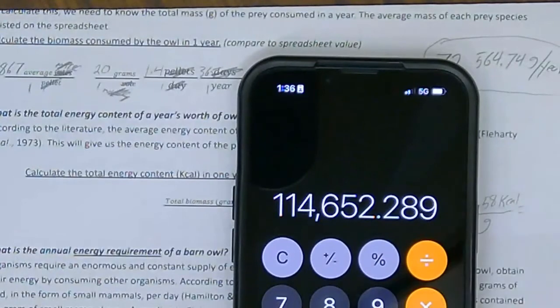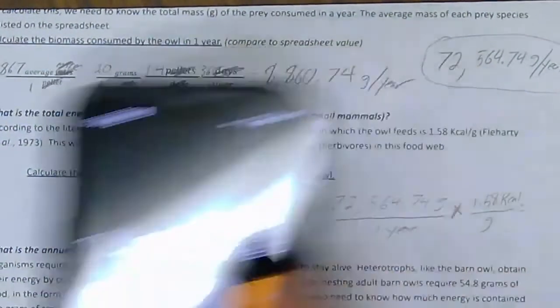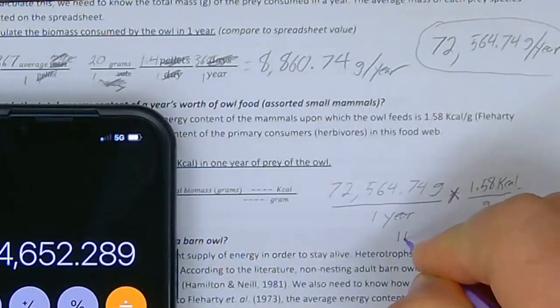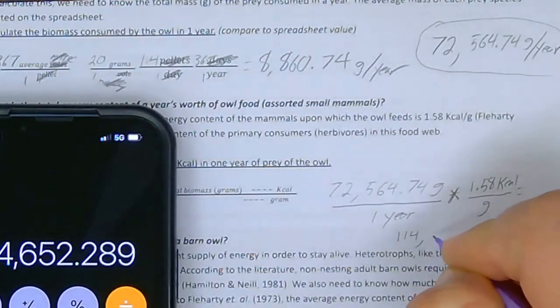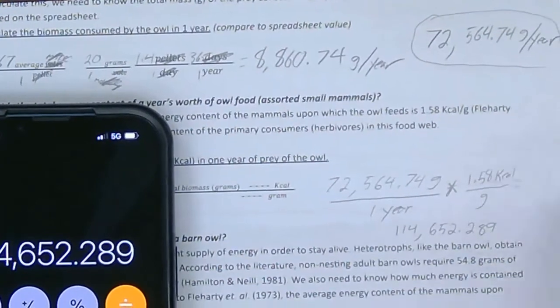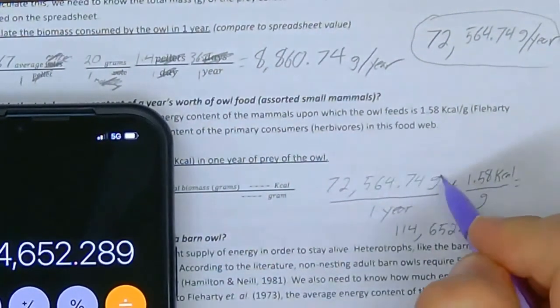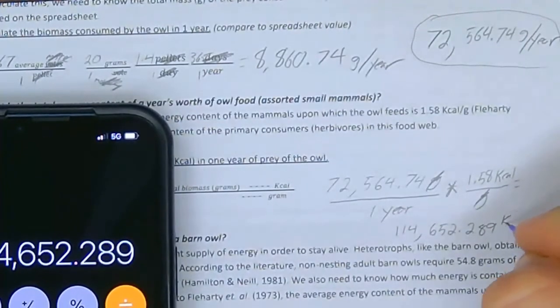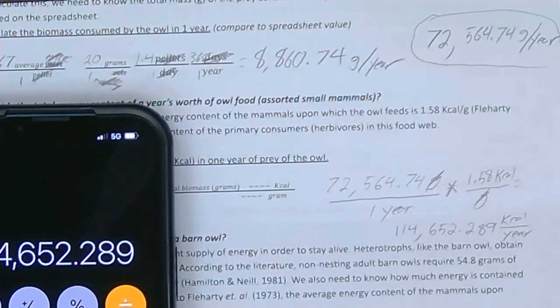Sorry, there it is. I'll write that under here. 114,652.289. And remember, up here we're crossing out grams and grams. Kilocalories per year is our new unit.